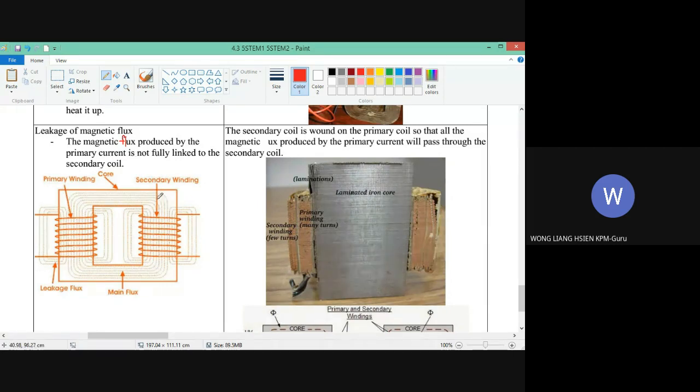Like what you can see here, the primary winding, the magnetic flux goes to the secondary winding, or the secondary coil, but a little bit goes out here, a little bit here, here also, and here. So this is the leaking of the magnetic flux.